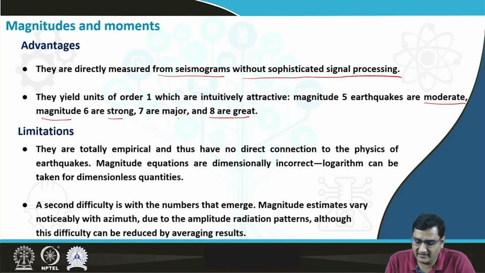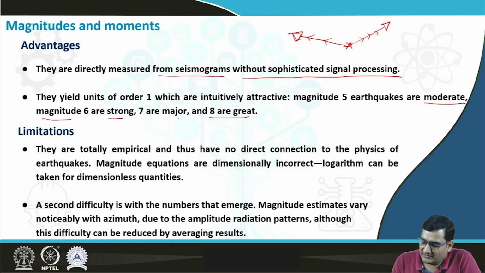A second difficulty is with the numbers that emerge. Magnitude estimates vary noticeably with azimuth due to the amplitude radiation pattern, although this difficulty can be reduced by averaging results. For example, if there is an earthquake here and a station recording your seismogram, the rays coming to this station will experience certain geological features and their radiation pattern may be different from a station located in a different azimuth direction.